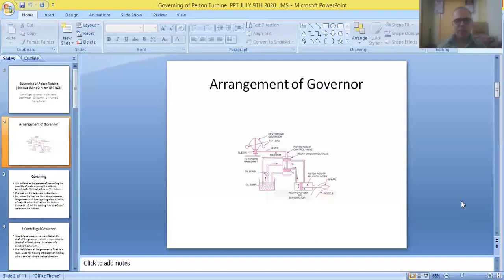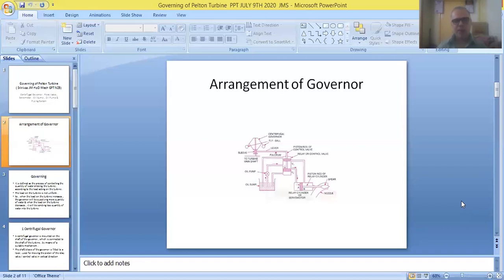When the first piston is moving in downward direction, it will be sending oil from the left hand side of the servometer, and at the same time it will be receiving oil from the right hand side of the servometer. So this is used for moving the horizontal piston of the servometer in forward direction.